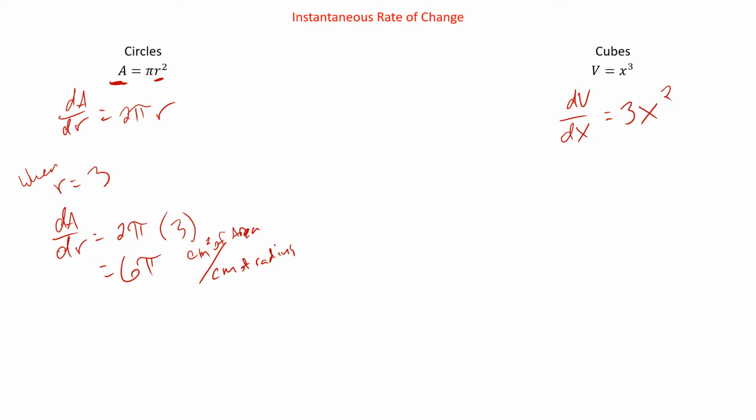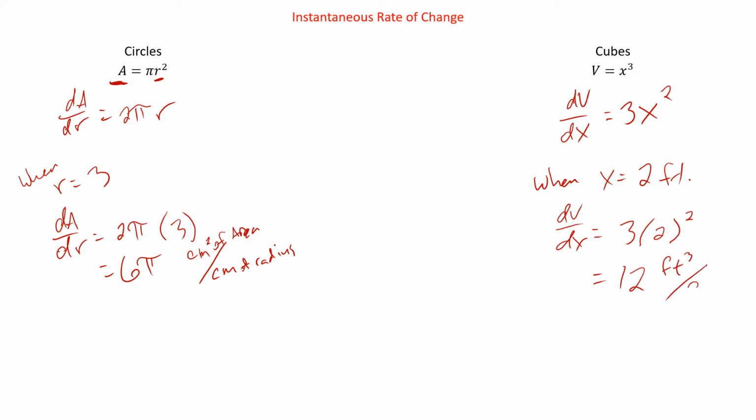So what is the rate of change when the side is 2 feet? We have a big cube, it's increasing, and we want to know how the volume is changing when the side length is 2 feet. So our dV over dx is going to be 3 times 2 squared. 2 squared is 4 times 3 is going to be 12 cubic feet of volume for every foot added to the side.